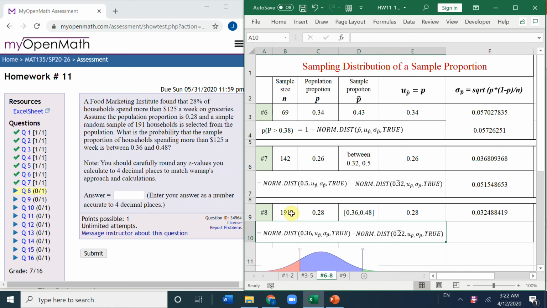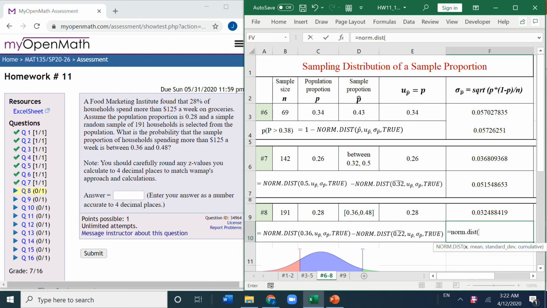Number 8: 191 is the sample size, and 0.28 is the population proportion, and p hat is between 0.36 and 0.48. So this is sigma, and we know that's also the between case. So the left area to the upper bound minus the left area to the lower bound.